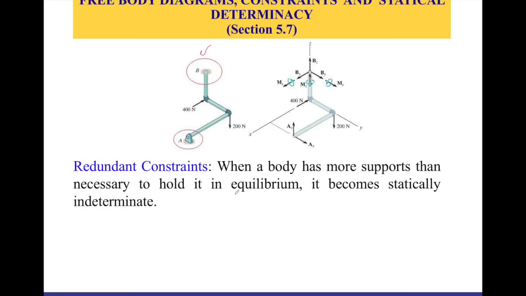If we have more supports, then the system is called statically indeterminate, because I have a lot of unknowns and I have only 6 equations of equilibrium to construct. If I have 7 or 8 or 9 unknowns, this means that I cannot solve the problem just by statics. I need to go to the material properties or laws and formulas, and that's going to be the topic of another course. We would like to stick with statics and dynamics.